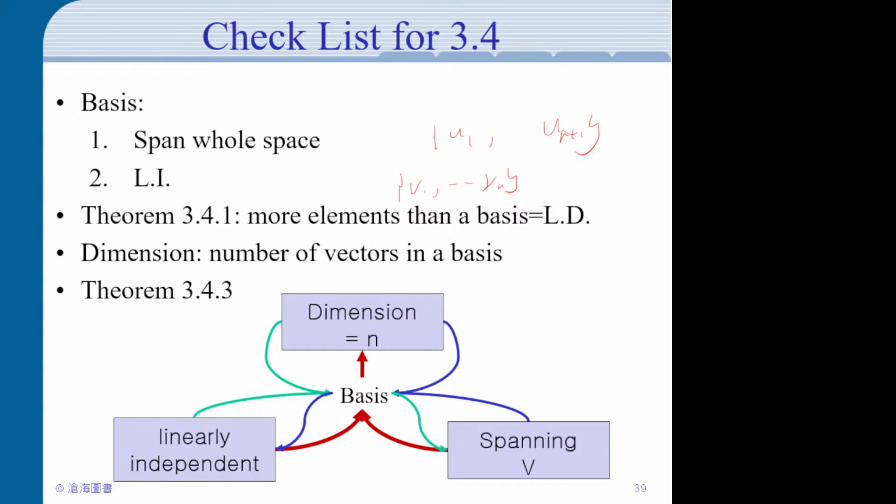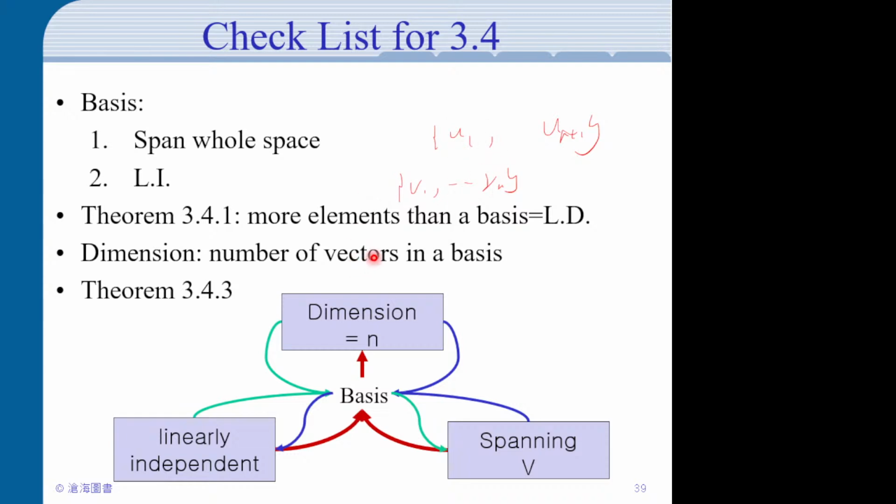So basically, we can define the dimension of a vector space as the number of elements of its basis, because all of them must be the same. So an n-dimensional space can only fit n linearly independent vectors in it.